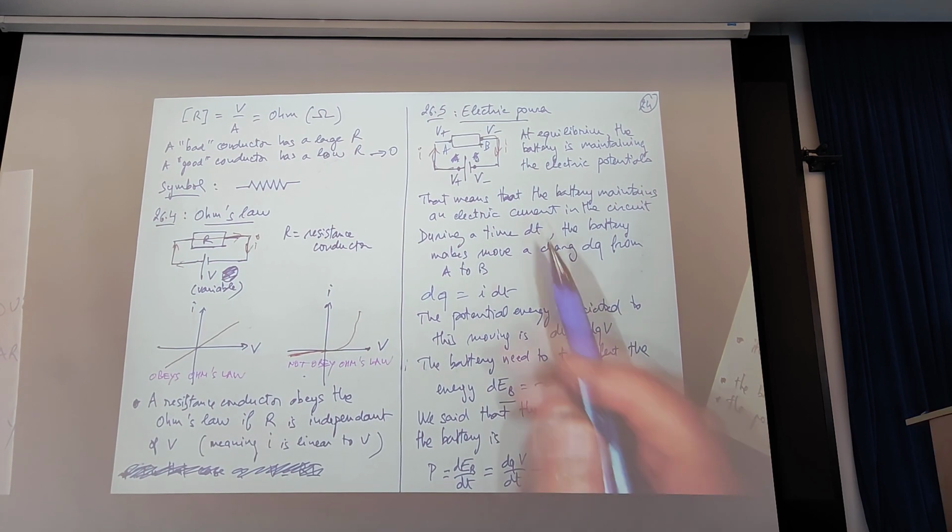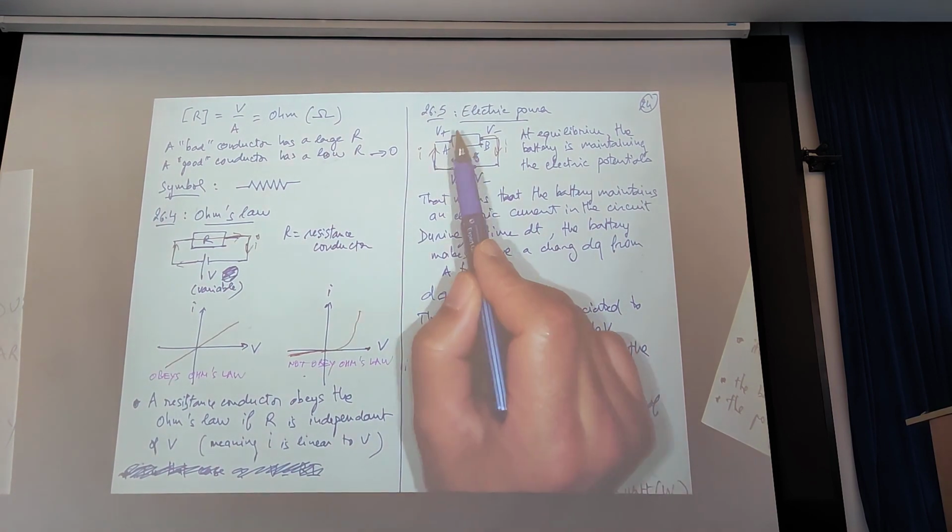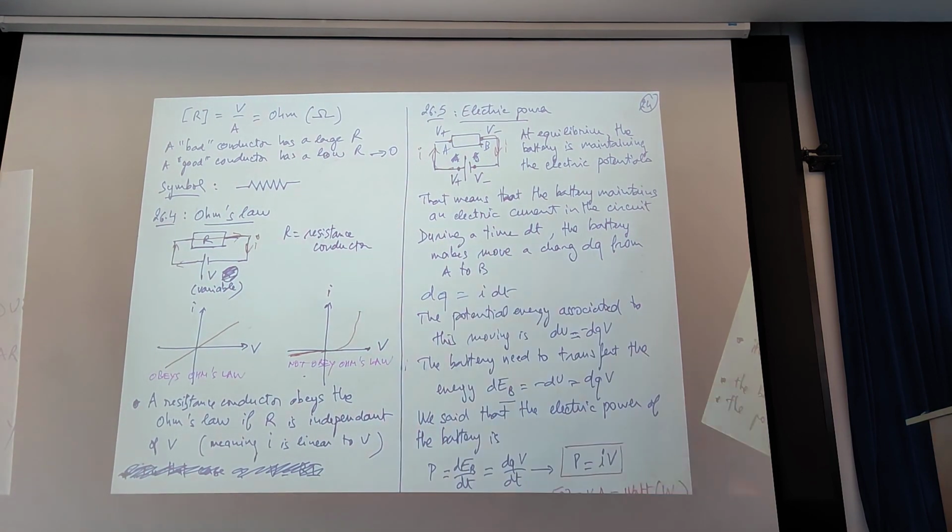And as I said before, if we consider the charge moving from here, you have to spend the energy dq times V, and so the battery has to provide the energy dq V, and that's equivalent to providing the power dq V over dt, and this is equal to V times the current E. Okay?